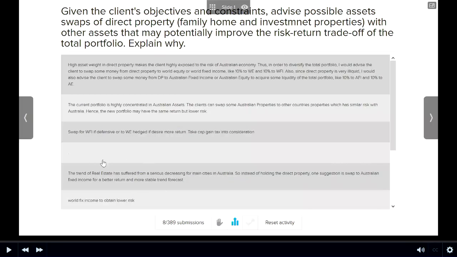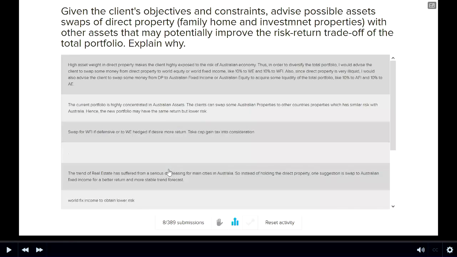That trend of real estate, that recent housing market so-called slump, how would this have an impact on investors' portfolio? What's the asset swap? So you suggest to swap to Australian fixed income. What's the risk factor you try to diversify?